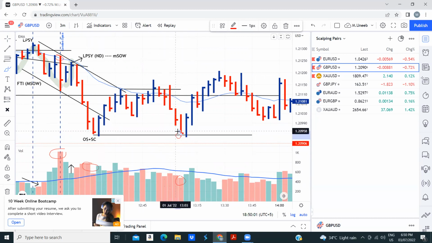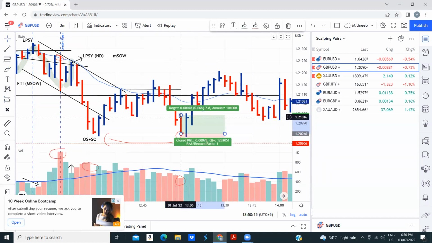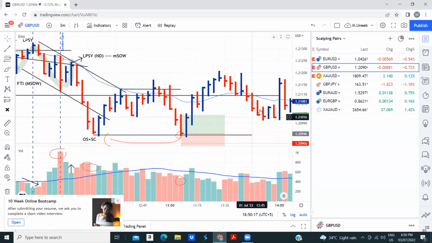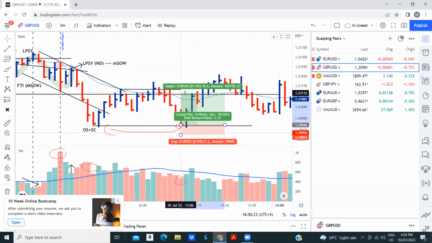So the minor sign of strength confirms the major sign of weakness or strength. Make sense? So eventually the price will go up again. And now we can go for another long trade, entering below here. Stop loss would be just below here. Take profit just at this level.